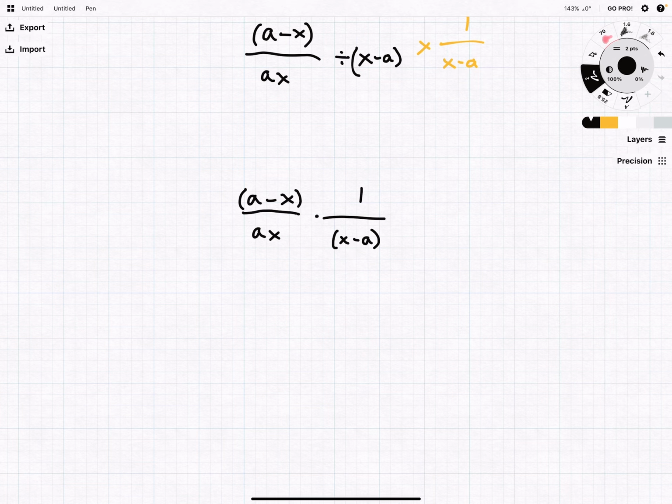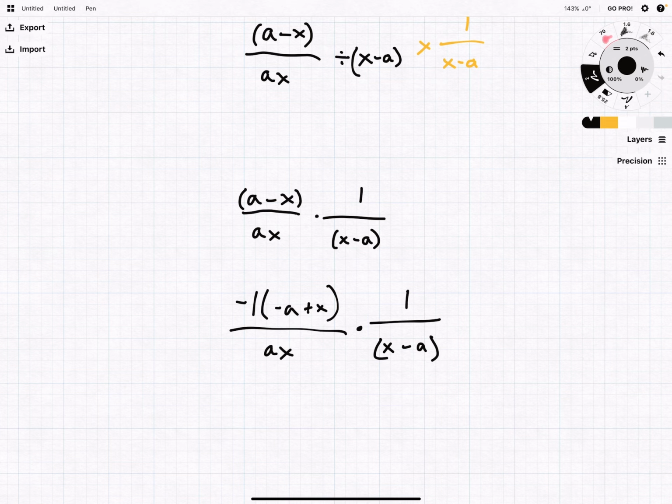We are going to factor out a -1, and we're going to have negative a plus x all over ax times 1 over x minus a. Now, because addition is commutative, we are going to switch x and negative a.